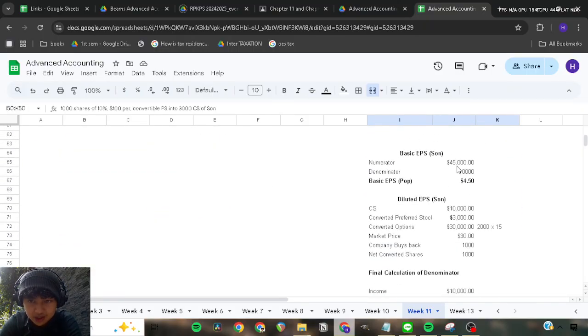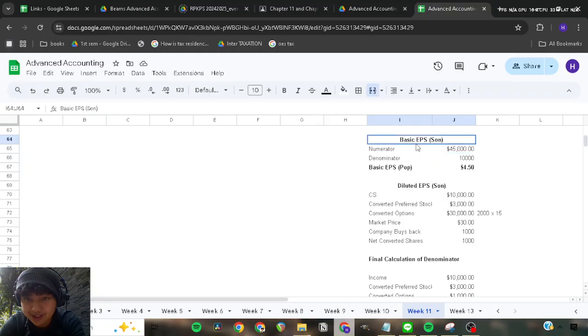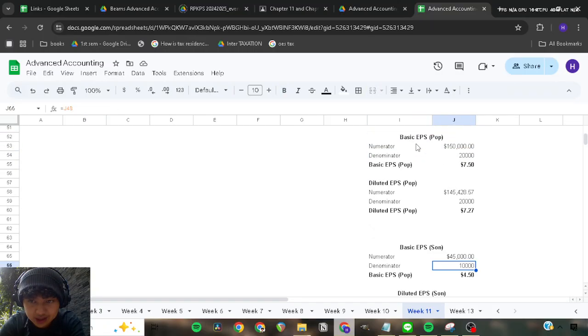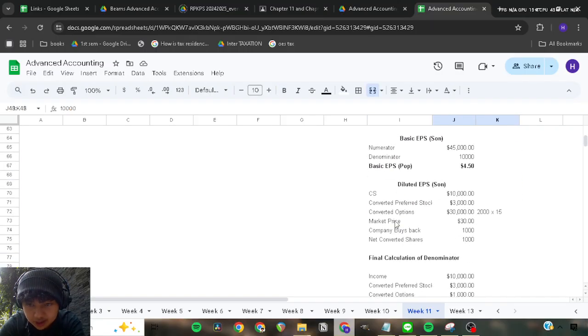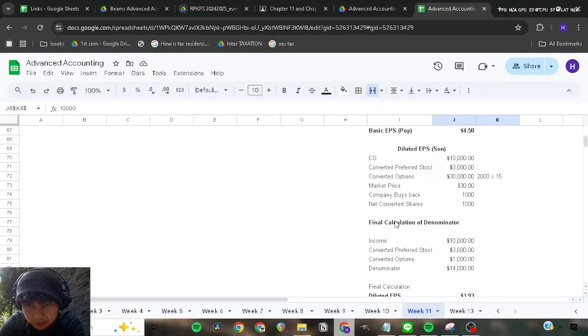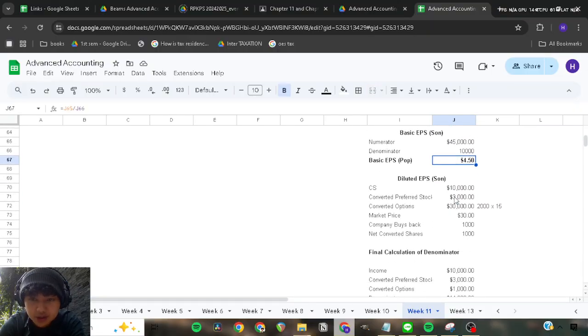So here you can see 1,000, 100, and 0.1, 10%. So that will be 10,000, and I use that to deduct from the 55. So that's the numerator, the basic EPS. And as for the denominator, it's 10,000 because that's the amount of stocks there is. And yeah, just divide it and you get the numbers.